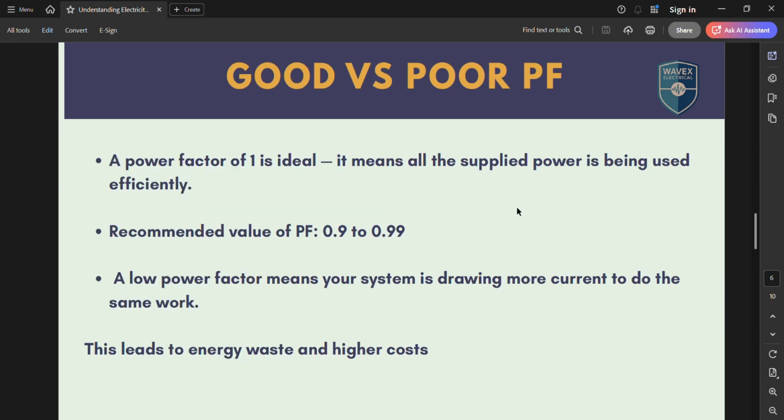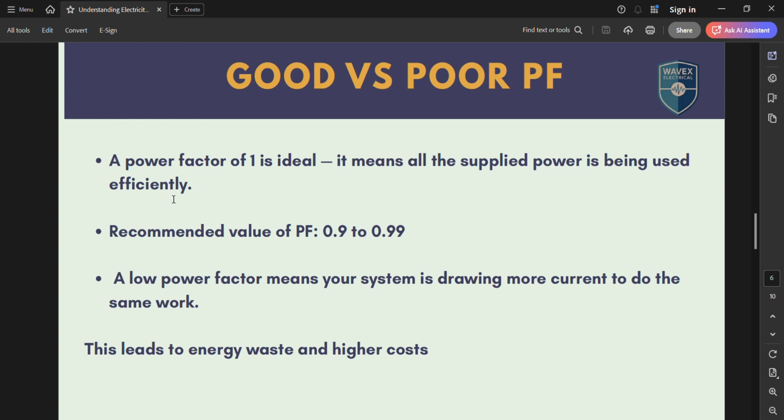Okay, so we move on to the next slide. Good power factor versus bad power factor, or good versus poor power factor. So what is the ideal case of power factor? Power factor of 1 is ideal. It means all the supplied power is being used efficiently.